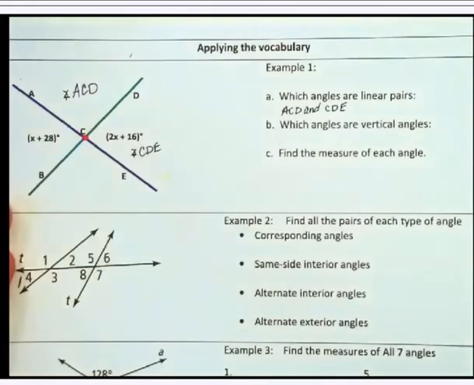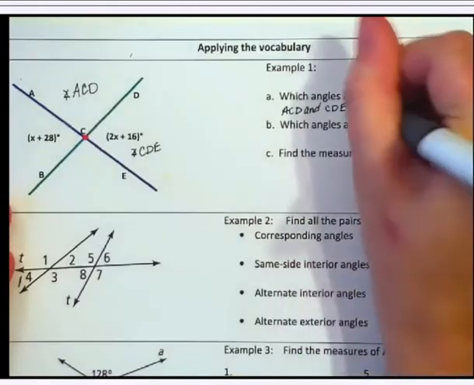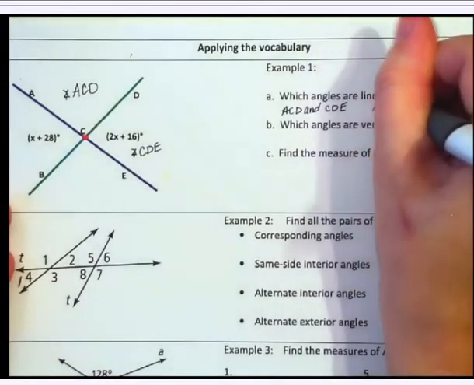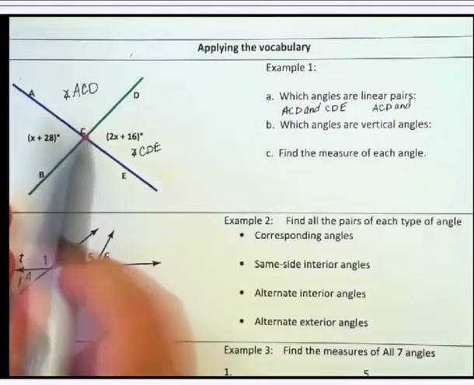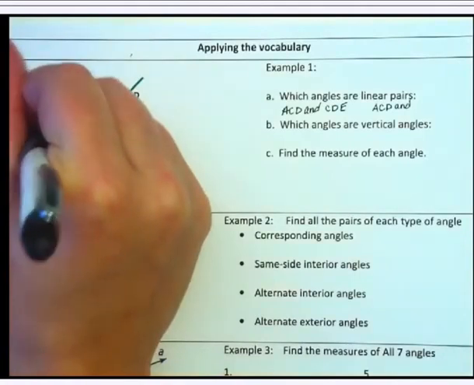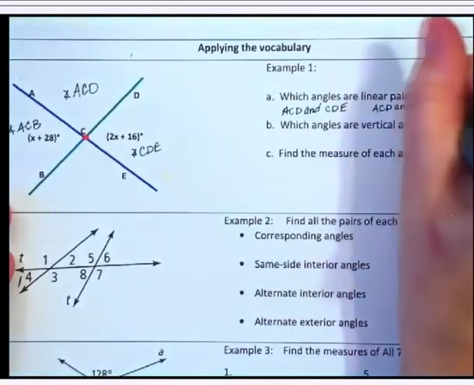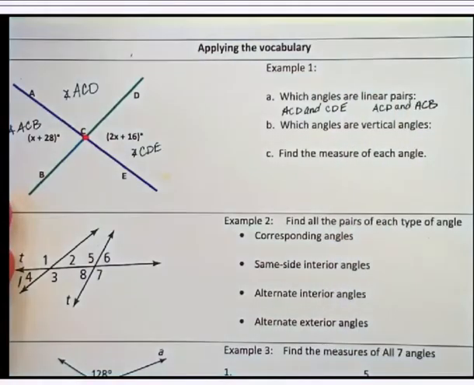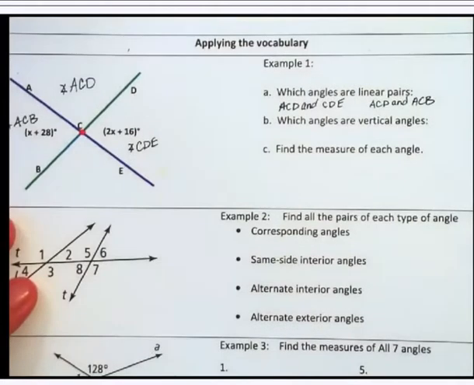Also, I've got ACD and this angle here also form a linear pair. So ACB. Okay, and then there's two more pair of linear pairs.